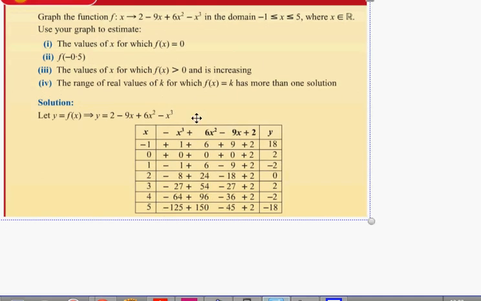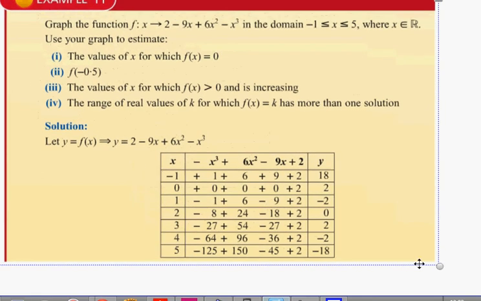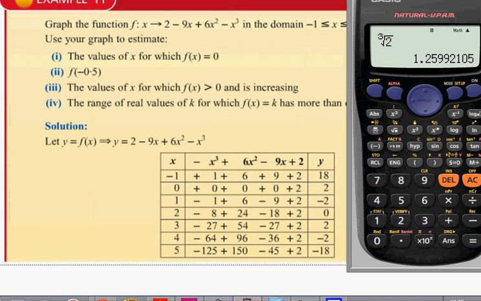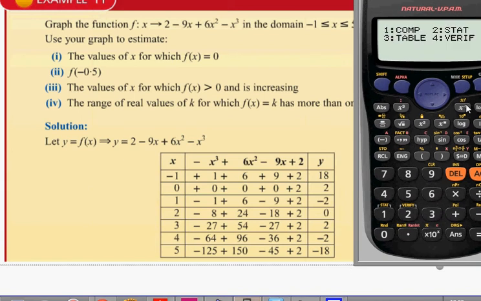Alright guys. This one here, okay? Number 11. Graph the function f of x equals 2 minus 9x plus 6x squared minus x cubed in the domain -1 less than or equal to x less than or equal to 5. So look at this, guys. You go to your Casio, you've done this already. Okay, now you get marks. We did our own type of table the other day, and you get marks for the table.